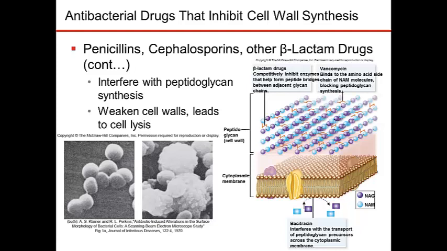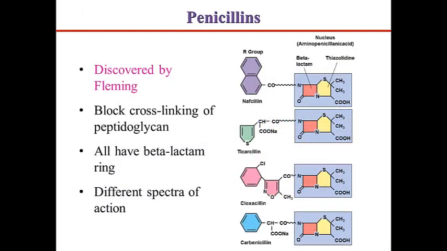Recall that in peptidoglycan cell walls, repeating disaccharide units are cross-linked with short amino acid peptides. That's the linkage that's catalyzed by the enzyme transpeptidase. Penicillins work because first they enter through porin channels in the bacterial cell wall.